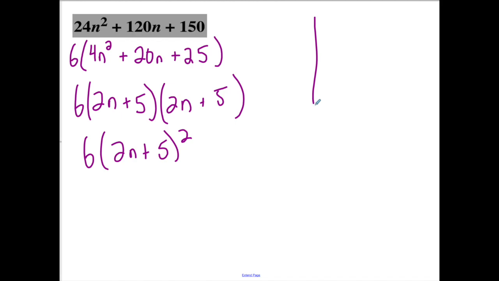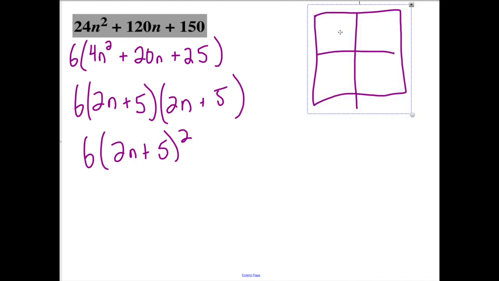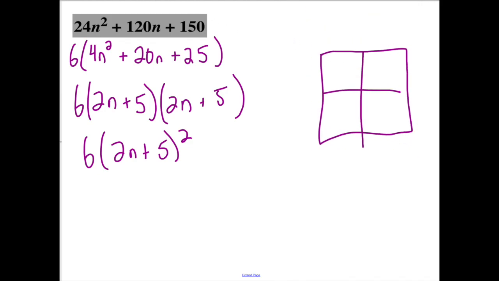Now the other way to do it is we could have definitely boxed it from the beginning. And so basically I take a look at this, and this is not easy to be able to figure out. That's the issue. So what I'm going to do is I happen to notice that, well, look, I need 24n squared and I need 150.